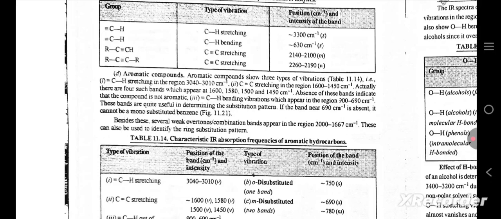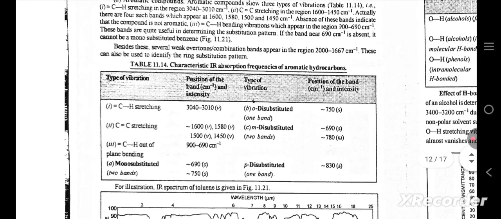CH bending vibration, which appears in the region 900 to 690 cm⁻¹. These bands are quite useful in determining the substitution pattern. If the band near 690 cm⁻¹ is absent, it cannot be a monosubstituted benzene. Besides these, several weak overtones and combination bands appear in the region 2000 to 1667 cm⁻¹.